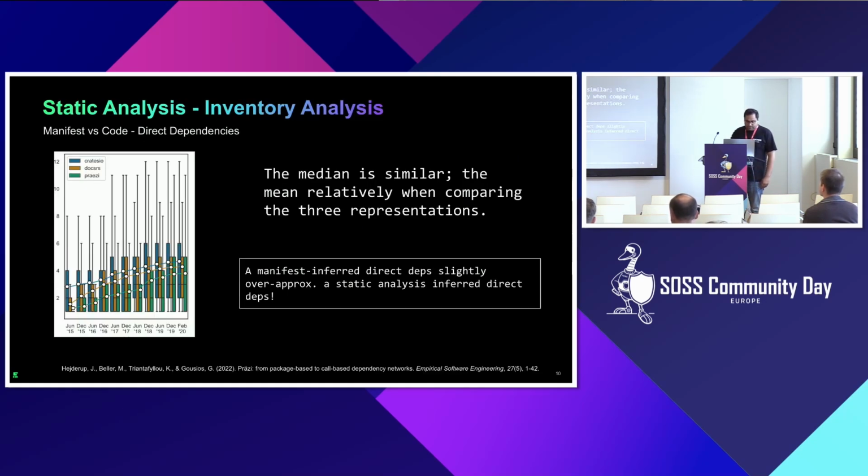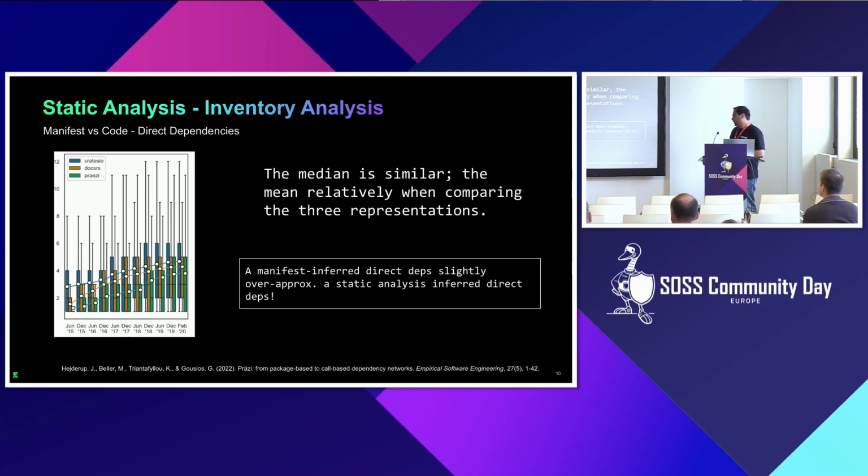And so in my past life, I did a lot of research on this. I wanted to compare this code-based approach versus the manifest approach, where you look into the dependency tree.